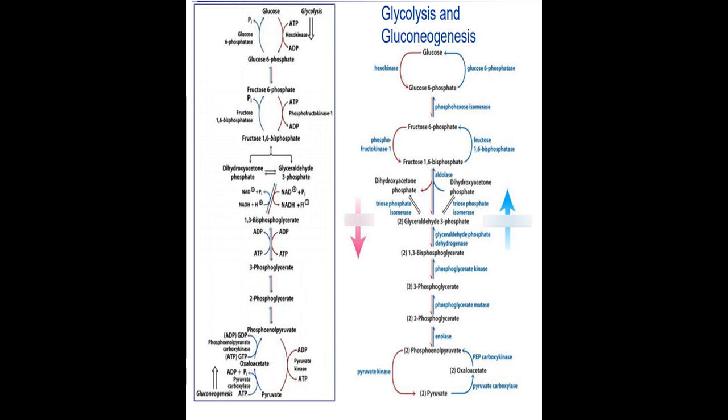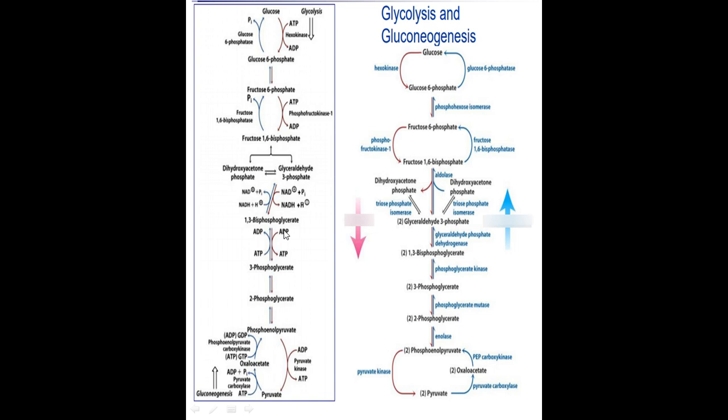The only difference you must see here is that in glycolysis, we produce NADH from NAD+, while in gluconeogenesis, we produce NAD+ from NADH. Once again, in glycolysis, we produce ATP from ADP, while in gluconeogenesis, we consume ATP.